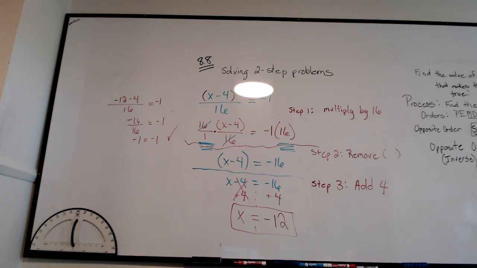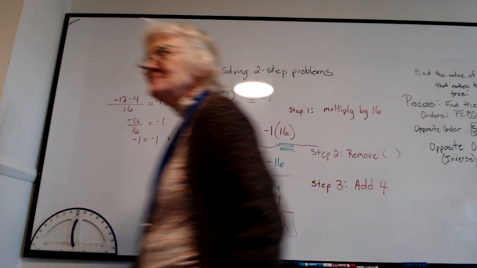Does that make sense? Removing the parenthesis is really not a step, but I showed that just because for some people, we are taking that parenthesis away. Yes, you are correct, it's 2 steps, but it's really addition and division. All of these have those 2 concepts in there.